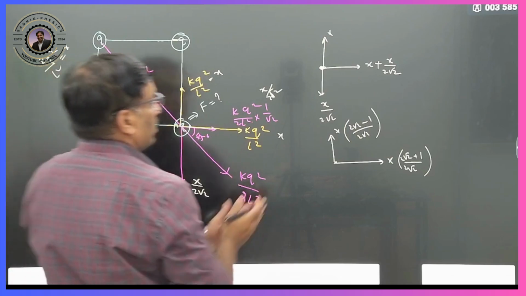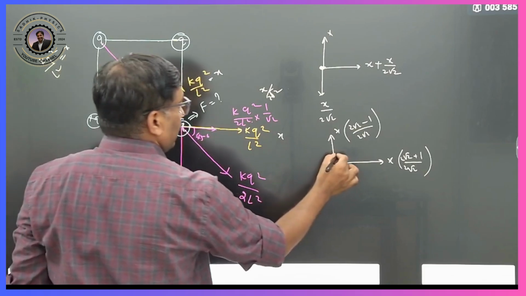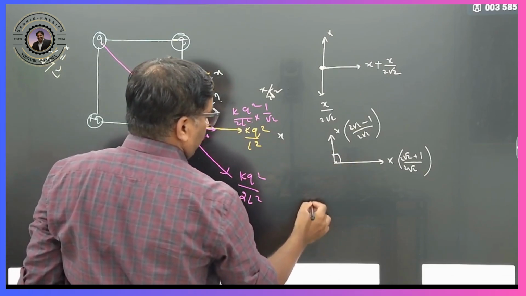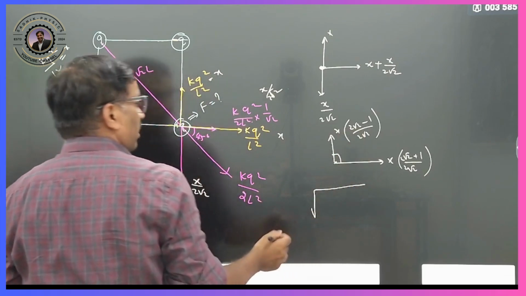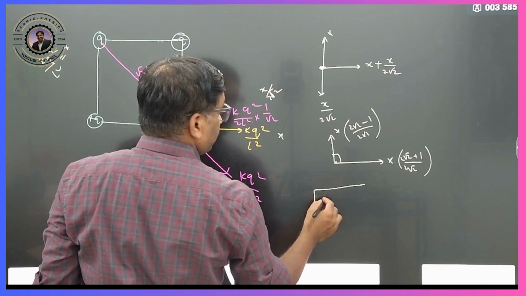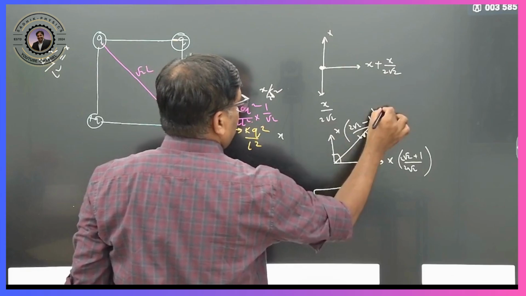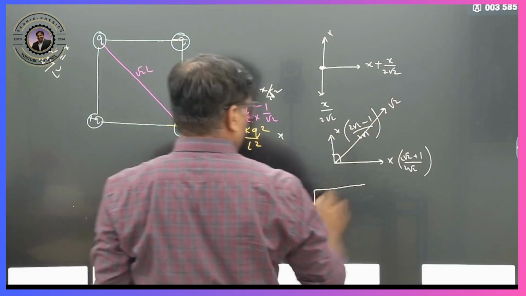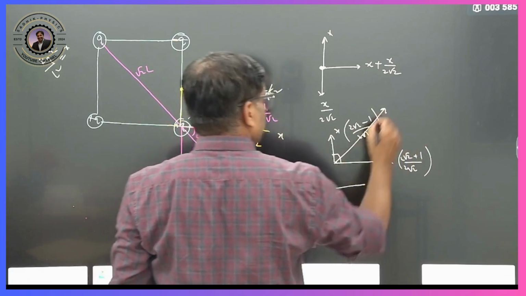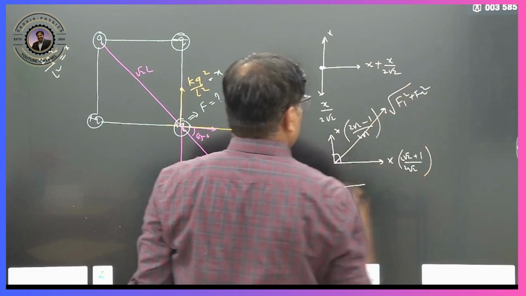Now both are acting at 90 degree onto this one, no? So you can write it as root of this 2 root 2 x square, clear? This you can take as the resultant, root of f1 square plus f2 square, like this you can rewrite it.